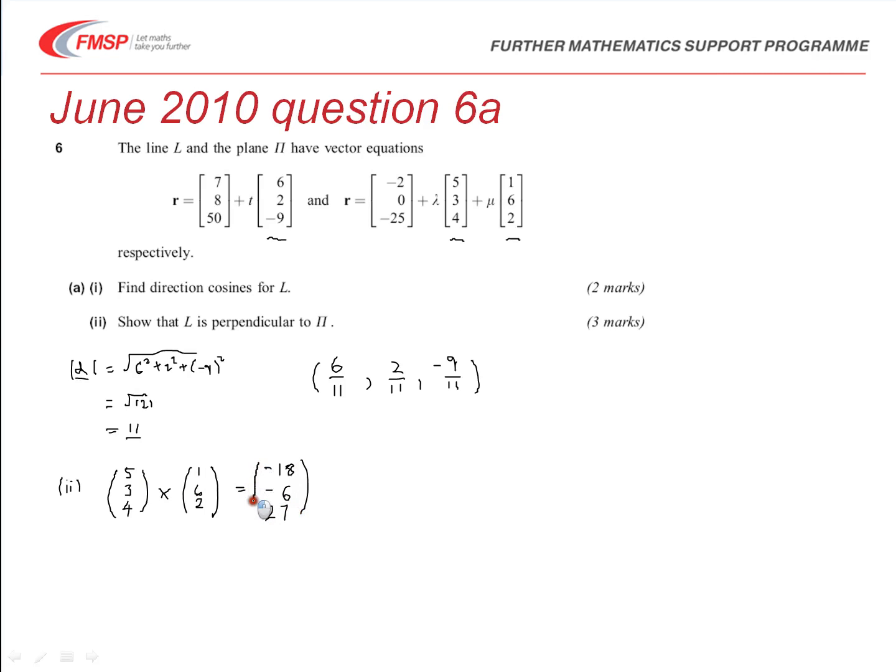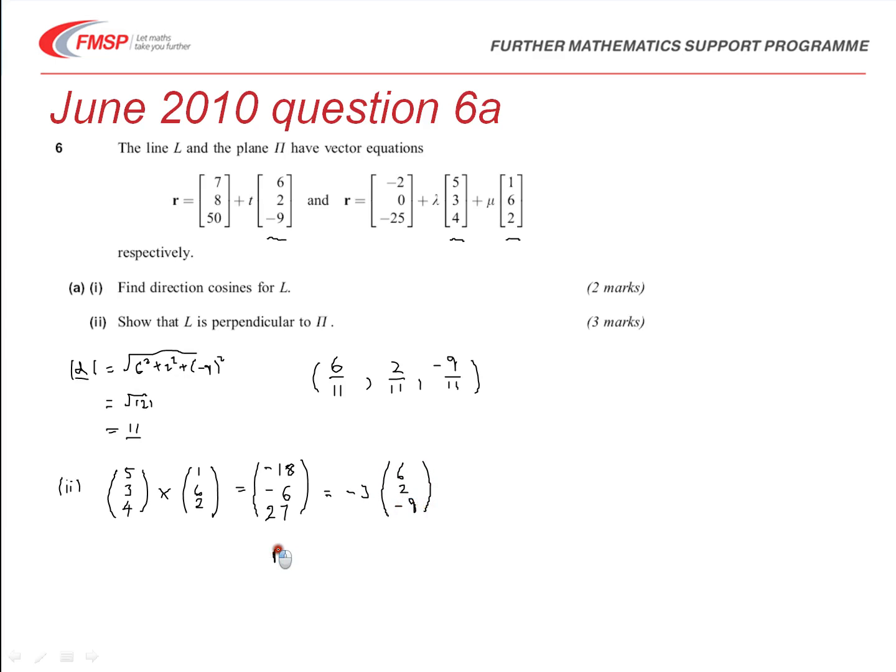And so we can see that this vector, which is normal to the plane, is actually going to be -3 lots of the 6, 2, -9, which is the direction vector.